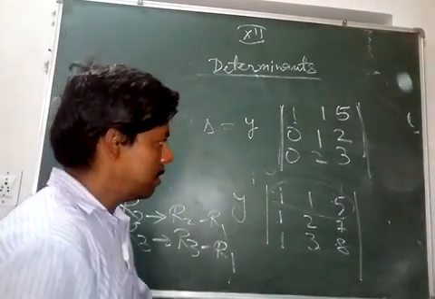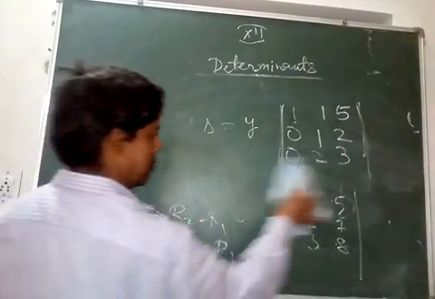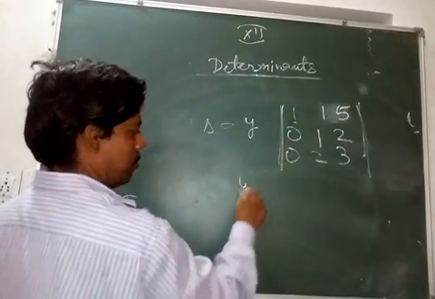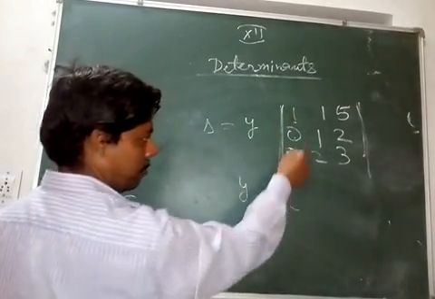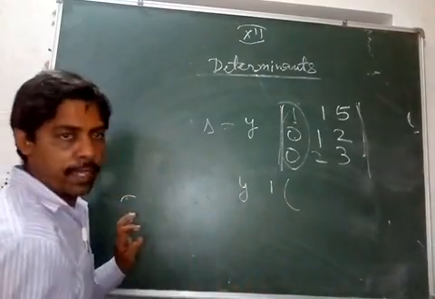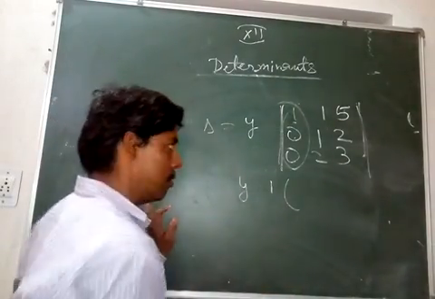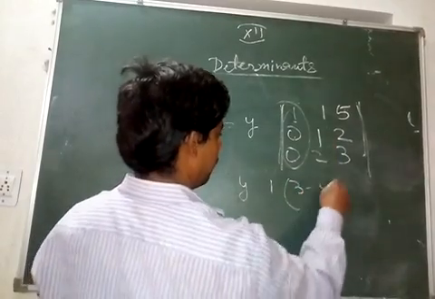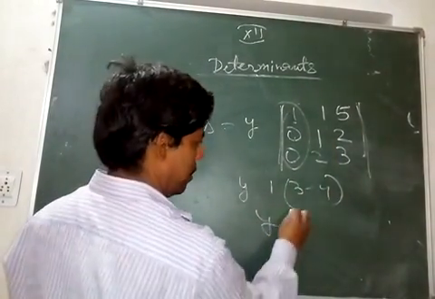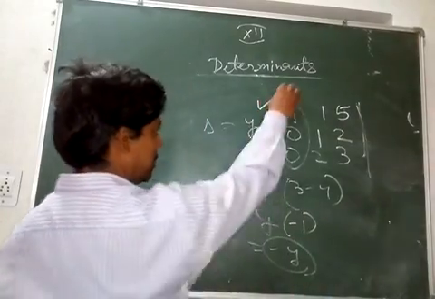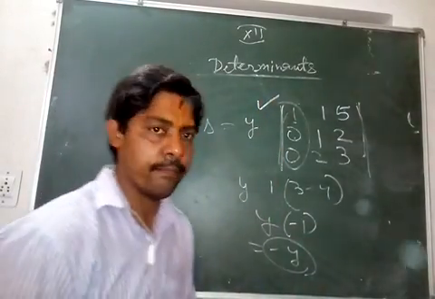Now just expand along the first column, because I have told you we can expand along any column or any row. So we are getting 1 here, and if I multiply 3 minus 4, we get minus 1, so we get minus y. So the value of this determinant is minus y.